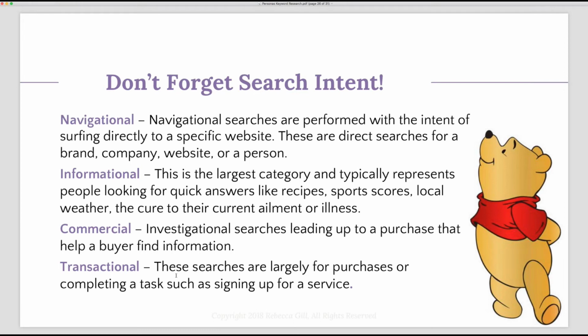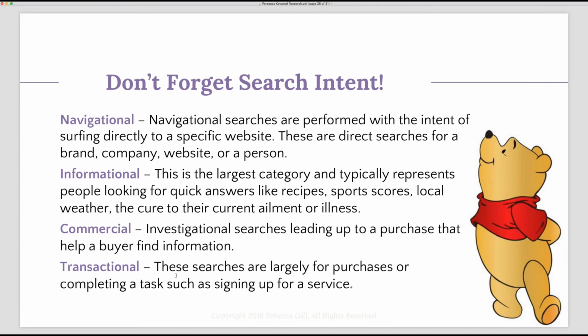Navigational searches are people that are just surfing the web. They want direct searches for a brand or a company, a website, or a person. Informational is the largest category. It's what most of us do online, where we want quick answers to recipes, sports scores, local weather.